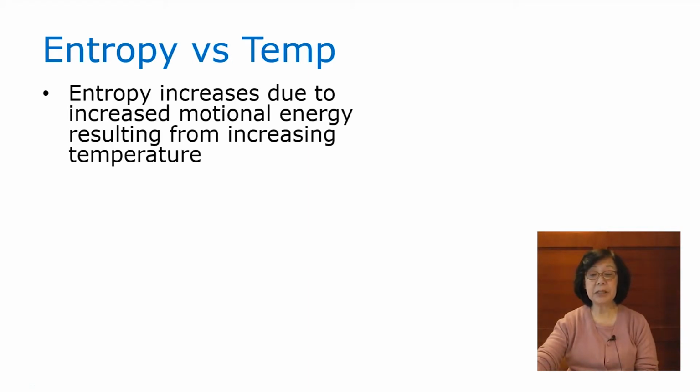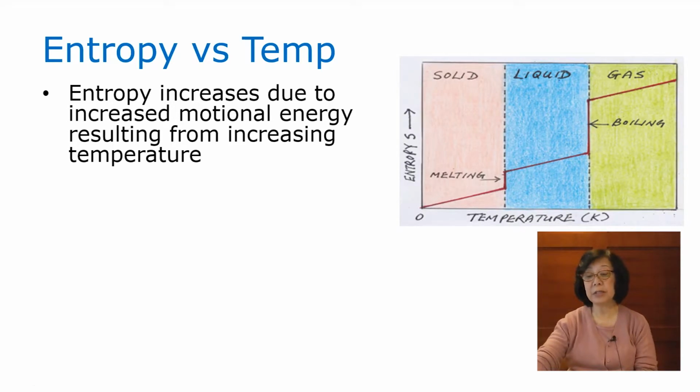Entropy increases because there's increased motional energy resulting from increasing temperature. Now look at this diagram here. We can see that as temperature increases on the x-axis, entropy on the y-axis increases from solid to liquid to gas, because now we have greater motional energy for the molecules.